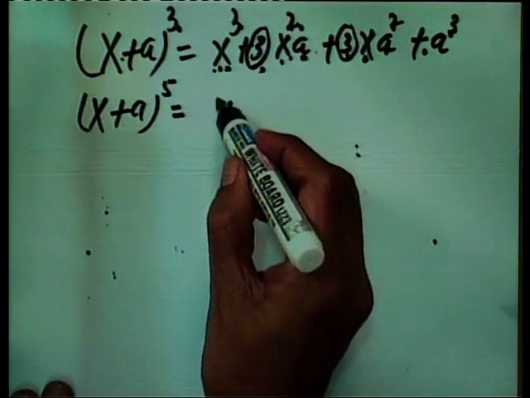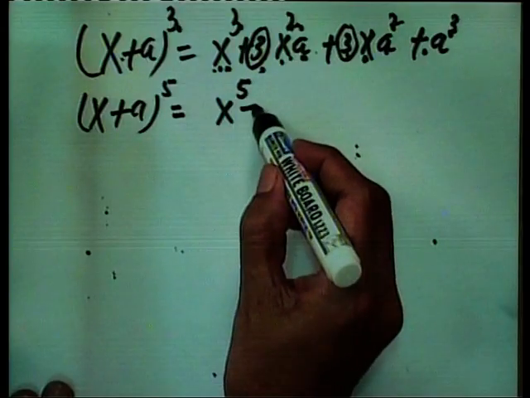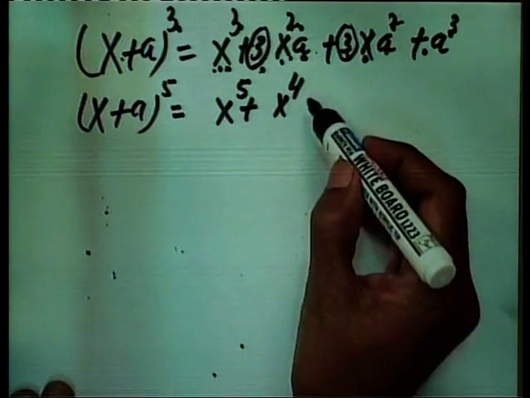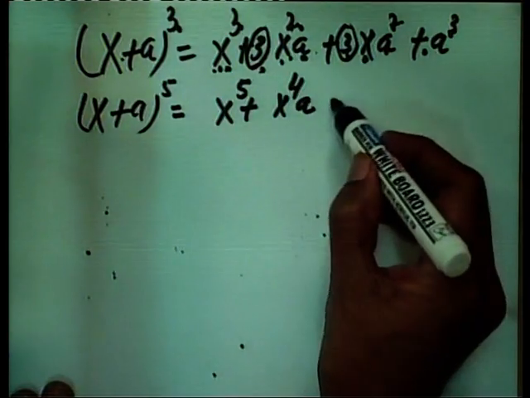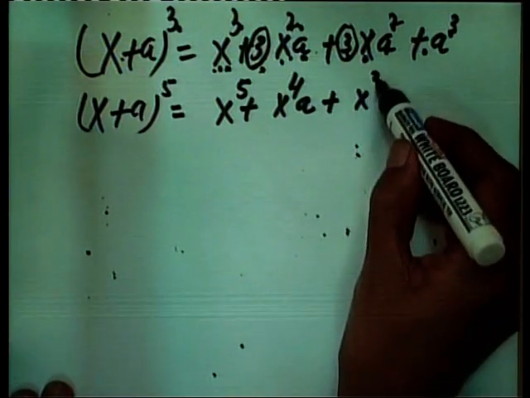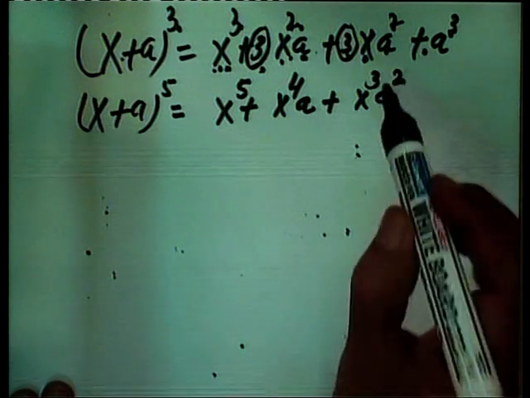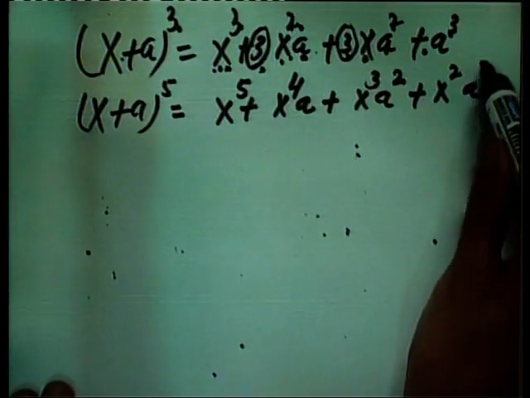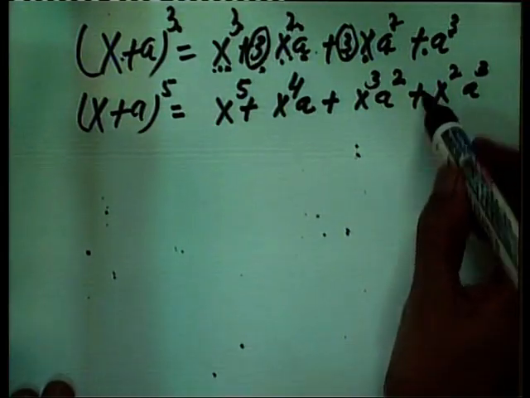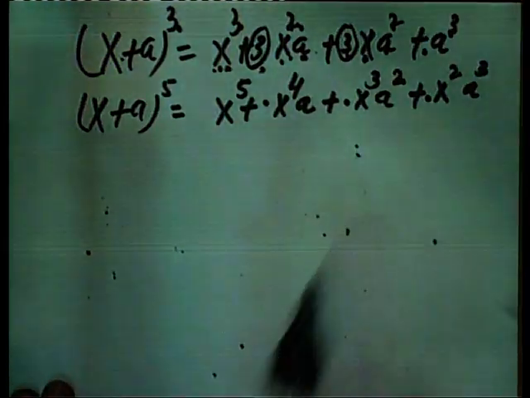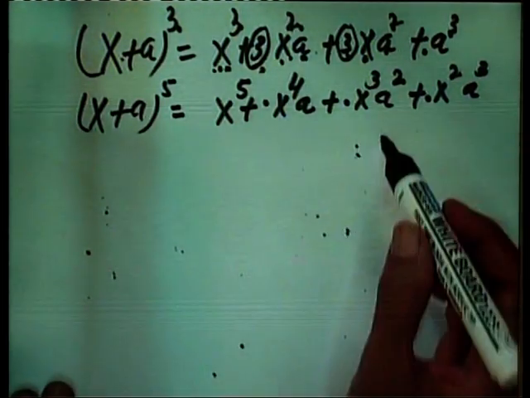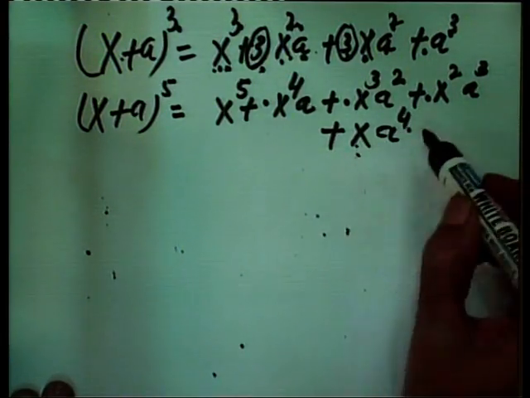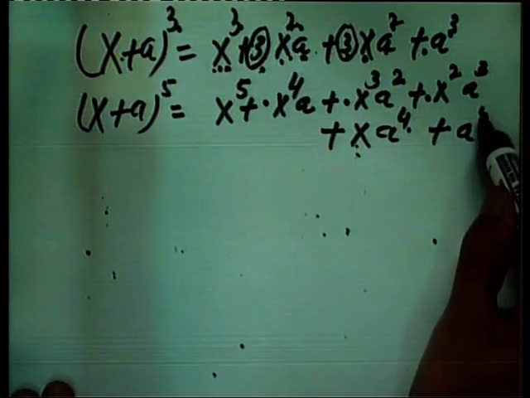You expect it will be something like x raised to power 5 plus some gap I am leaving, but the power I am sure will be x raised to power 4 into a, plus of course x cube a square plus x squared a cube. Here of course, the terms I have not written, I will give you the formula, plus x a raised to power 4 plus a raised to power 5.